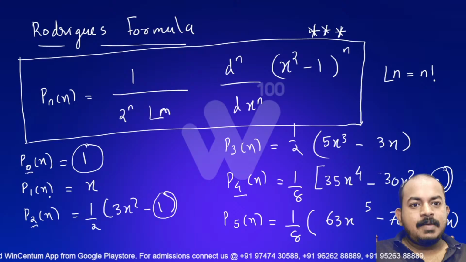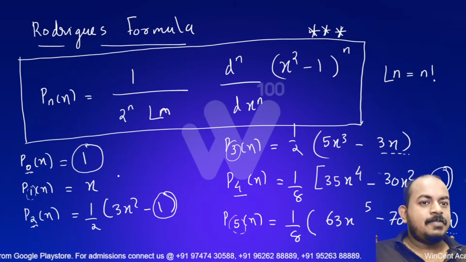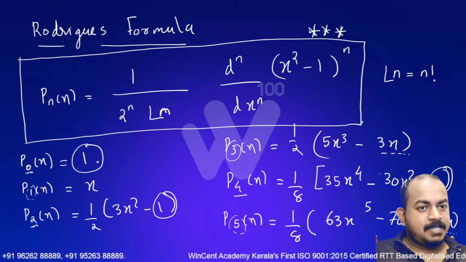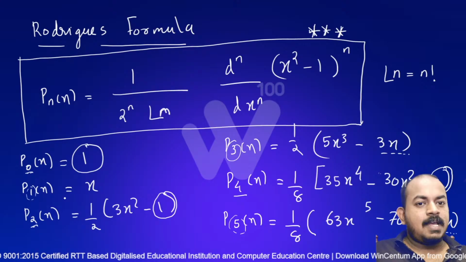So we can say for even n, pn of x is an even function, and for odd n, pn of x is an odd function, right? For even n, pn of x is even and terminates with 1 or an integer, and for odd n, it terminates with x, so pn of x will be an odd function.